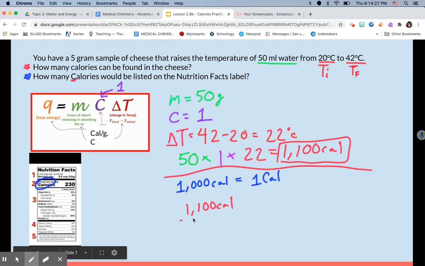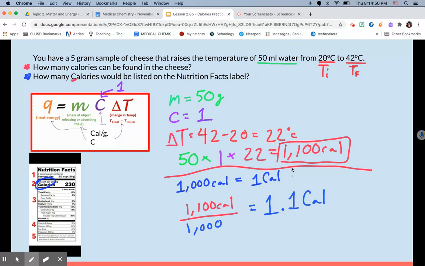So I'm just going to divide by 1,000 to get capital C calories. So here I would end up with 1.1 capital C calories. This is the same thing as unit conversion because 1 capital C calorie is actually a kilocalorie.